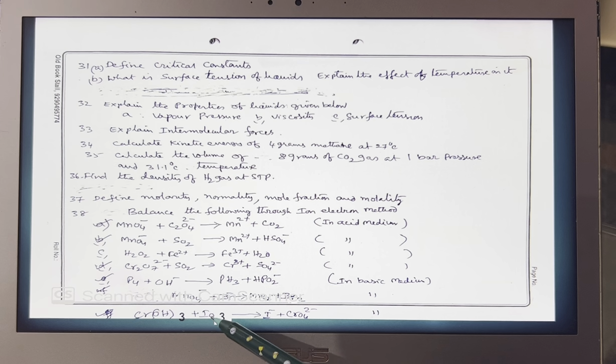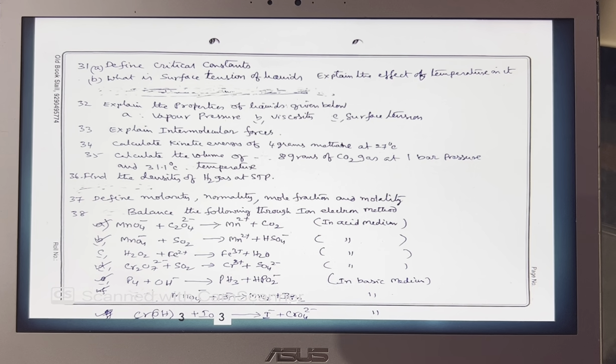Cr(OH)3 plus IO3 minus, here you have to write minus, IO3 minus gives rise to I minus plus CrO4 2 minus. What is this equation once again? Cr(OH)3 plus IO3 minus gives rise to I minus plus CrO4 2 minus.